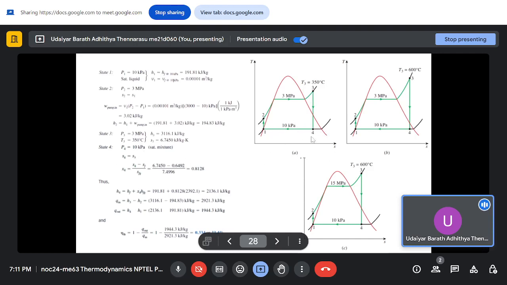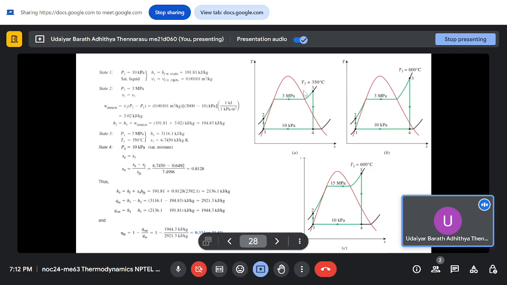From this you can find out the dryness fraction at state 4, which is S4 minus SF divided by the entropy change between SF and SG. This gives me a dryness fraction of 0.8128 at state 4. Using this, I can find enthalpy at state 4, which comes out to be 2136.1 kilojoule per kg.